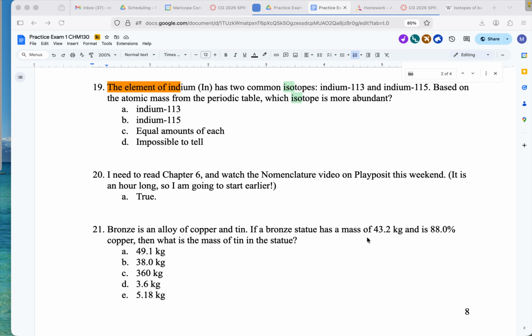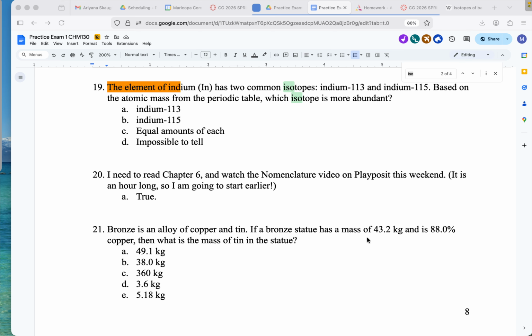If I got two isotopes, 113 and 115, if they were equally abundant, what would my periodic table tell me? It'd be 114. It's dead in the middle between those two values. If the 113 was more abundant, what would my periodic table tell me? The number should be closer to 113.